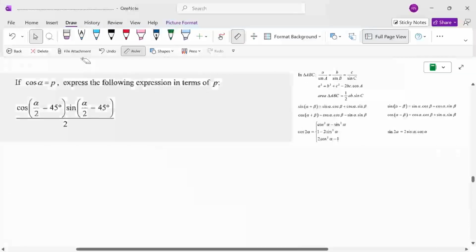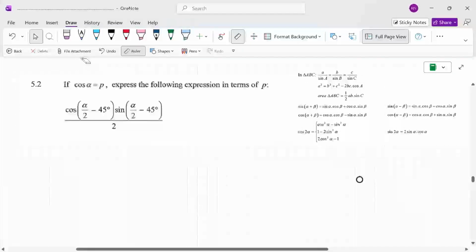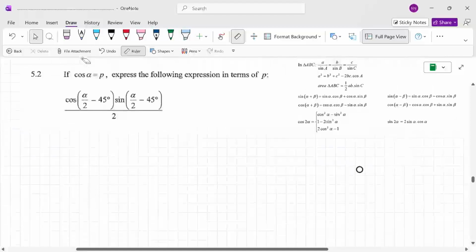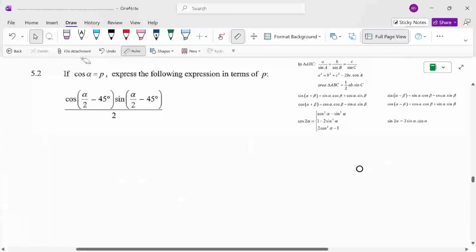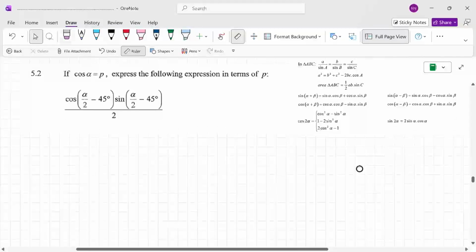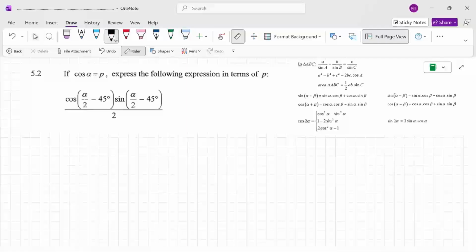So I'm going to first start off by changing this cos of alpha over 2 minus 45 into its compound angle, because it even has a 45, which I can't really do anything with. I know cofunctions and reduction angles, and that is not one of the reduction angles or the cofunctions, right?